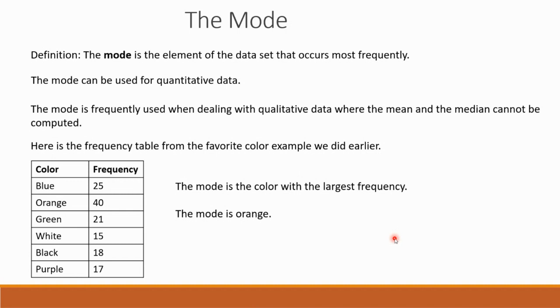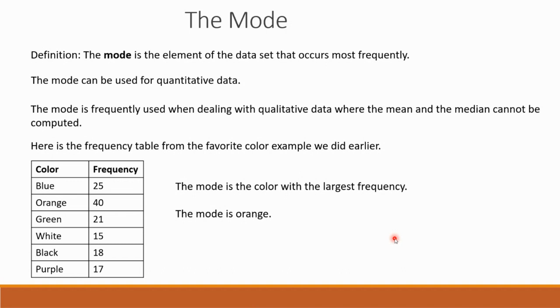Remember, qualitative data is data that you cannot perform arithmetic calculations with meaningfully, like colors, zip codes, telephone numbers, things like that. But the mode you can do with both types of data. Again, it's just the data value that appears most frequently in the data set.